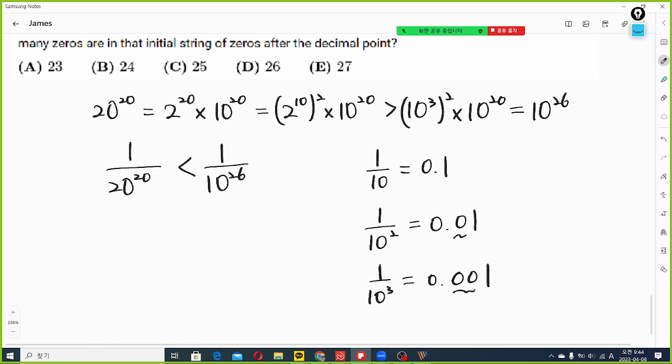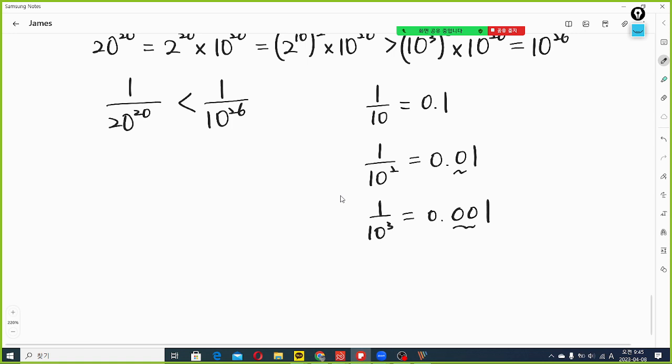So two zeros before the first non-zero number. So if this trend continues, how many zeros will be before the first non-zero number in 1 over 10 to the 26th power? How many zeros before the non-zero number?